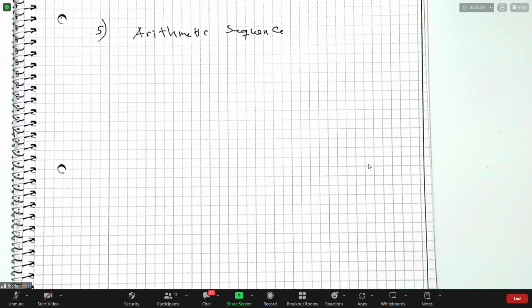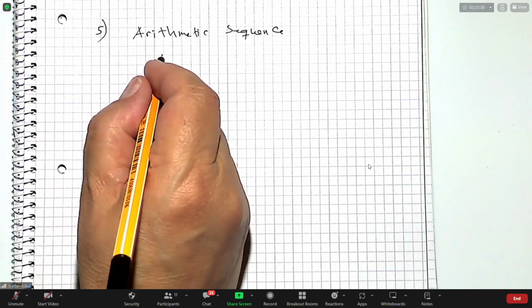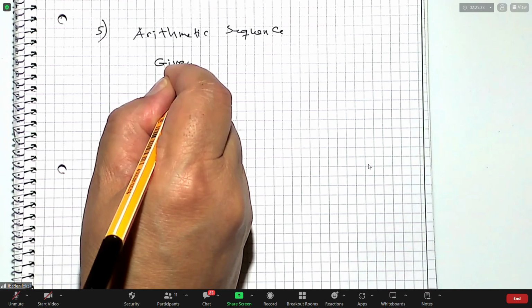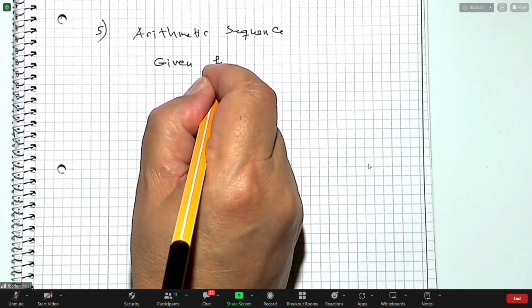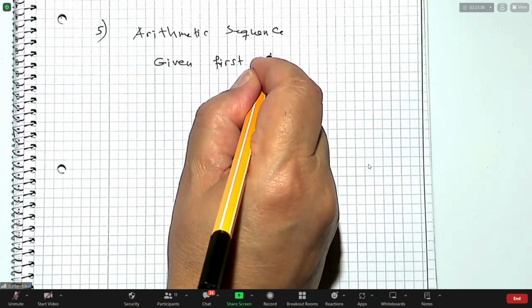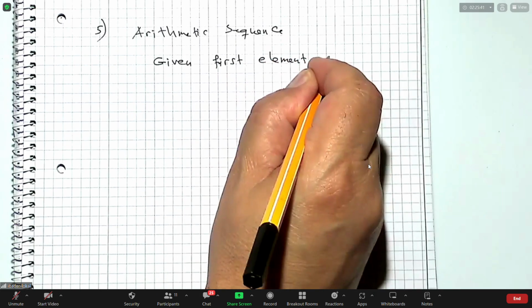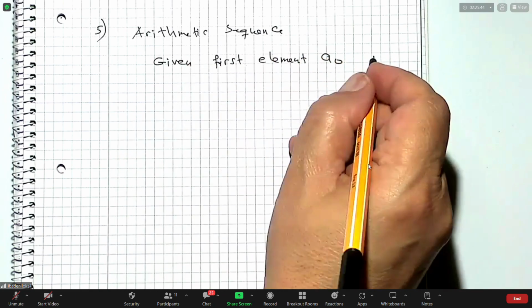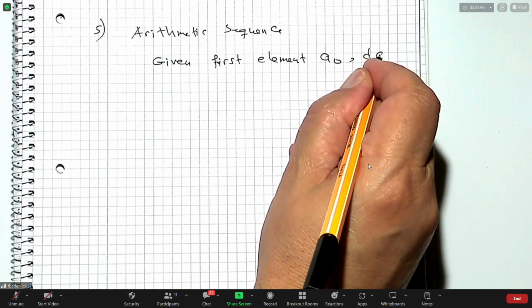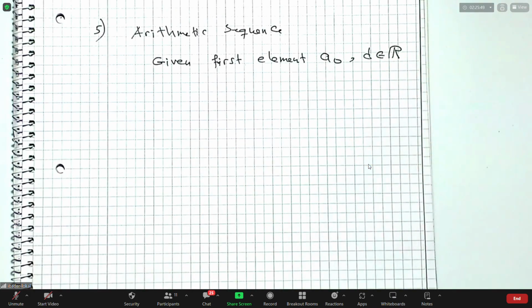Okay, for an arithmetic sequence, usually you will be given the following: the first element, let's call it a0, and a number d, which is the constant that is the difference between two successive terms.